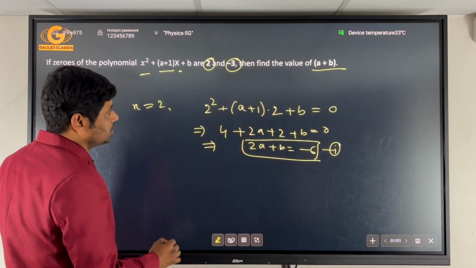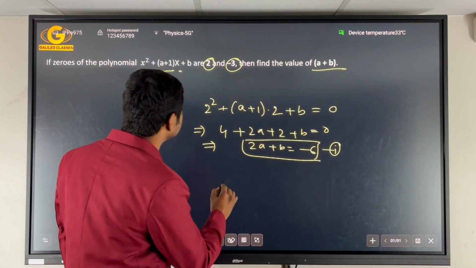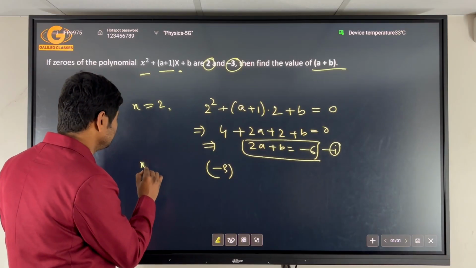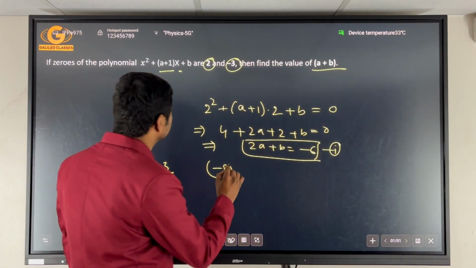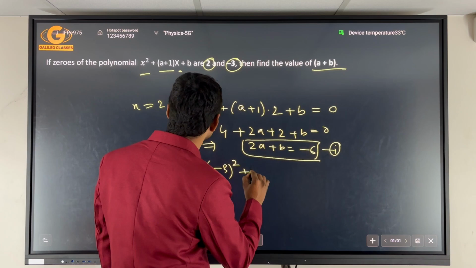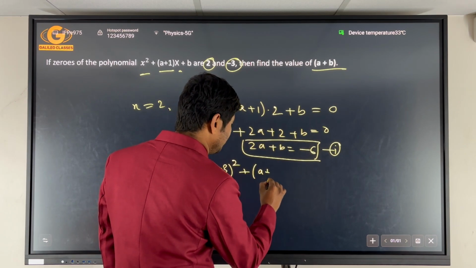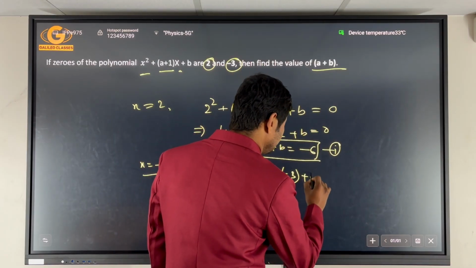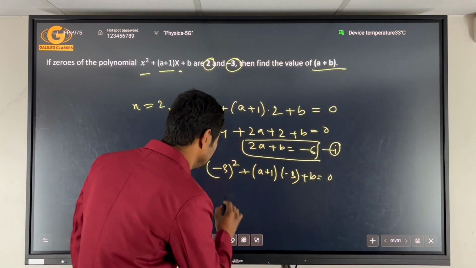And next, putting x is equal to minus 3: minus 3 square plus (a plus 1) into minus 3 plus b is equal to 0.